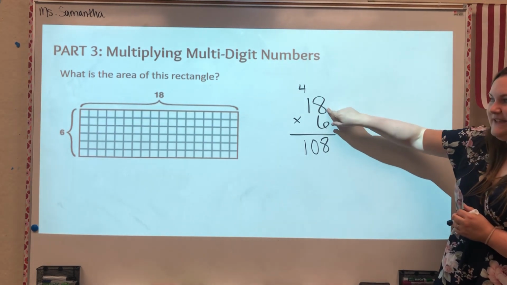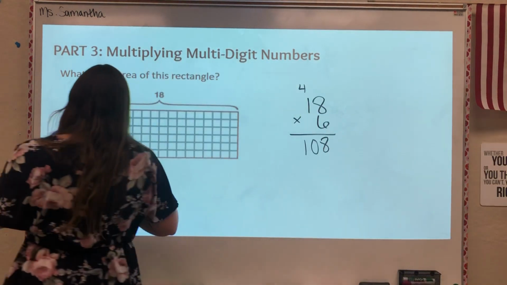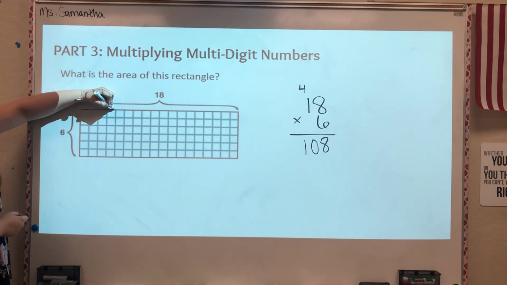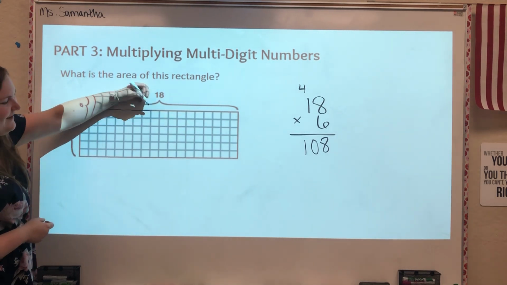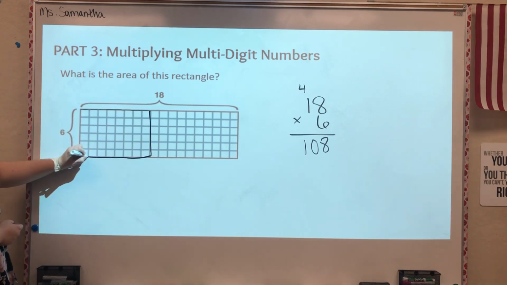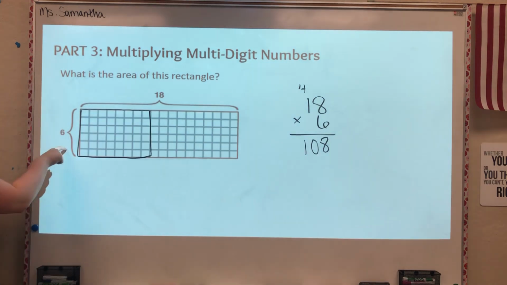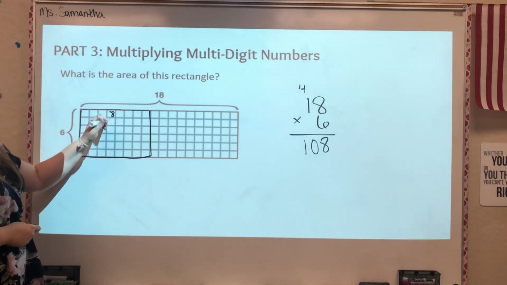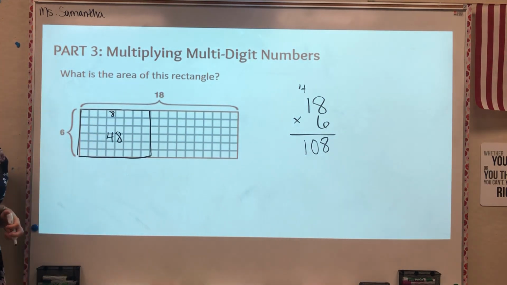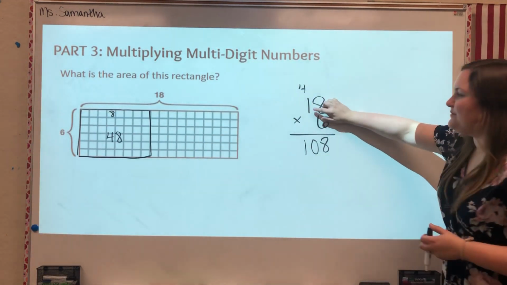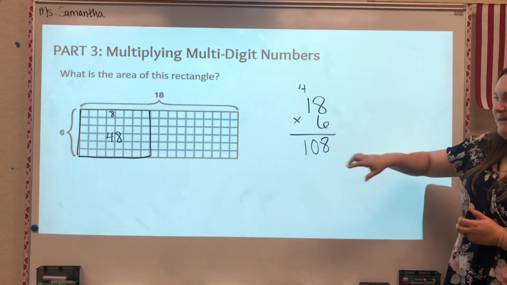The visual to go with that, why that process works, is what you're really doing is you're saying 6 times 8. So in the picture, you're saying 6 times 8. 1, 2, 3, 4, 5, 6, 7, 8. So what you're doing when you say 6 times 8 is 48, is you're saying this spot right here, the 6 by the 8, has 48 of those squares. When you go to multiply the 6 times 1, you're not really multiplying 6 times 1 here.